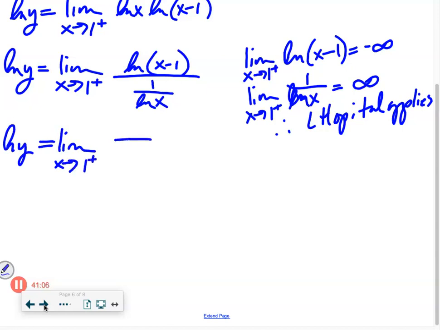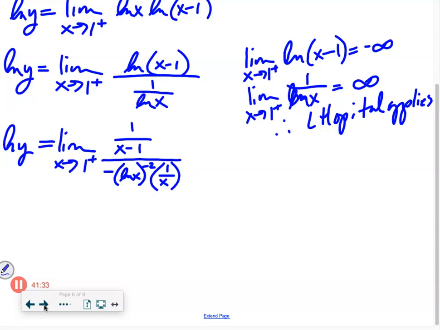Derivative of the top, like u prime over u. So 1 over x minus 1. The bottom is not u prime over u. It's 1 over ln x, so think of this as ln x to the negative first. So the derivative of ln x to the negative first is negative ln x to the negative second times the derivative of ln x, which is 1 over x.